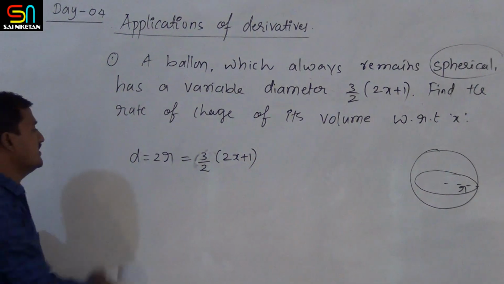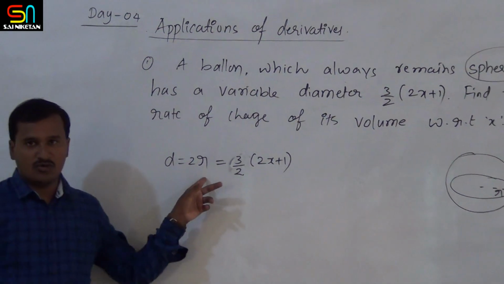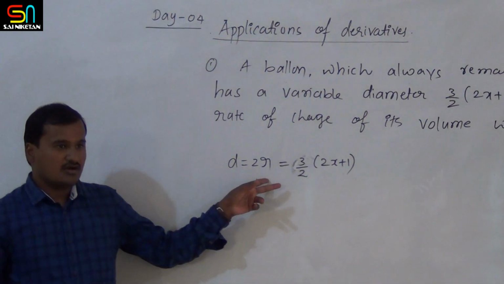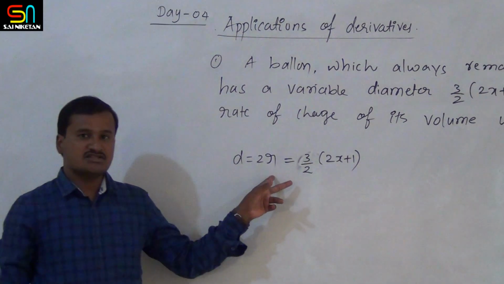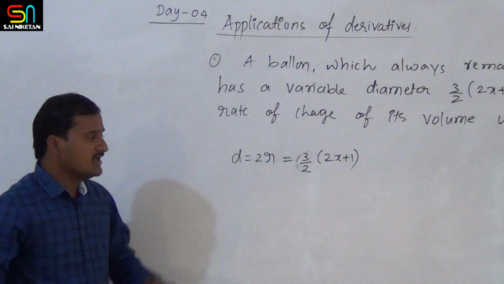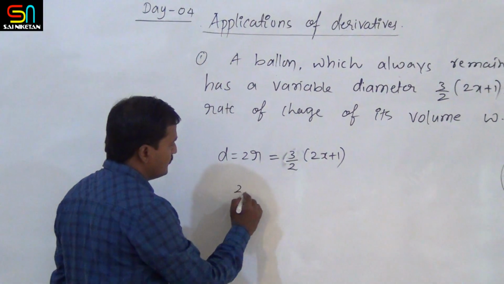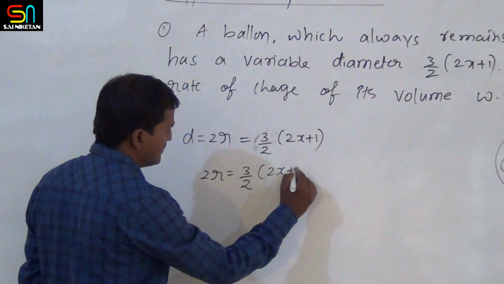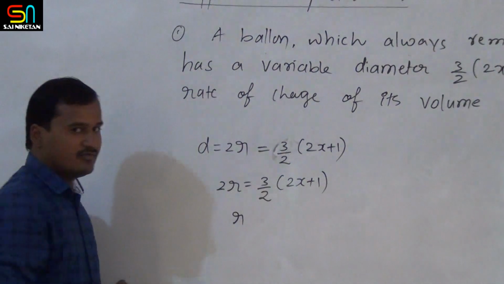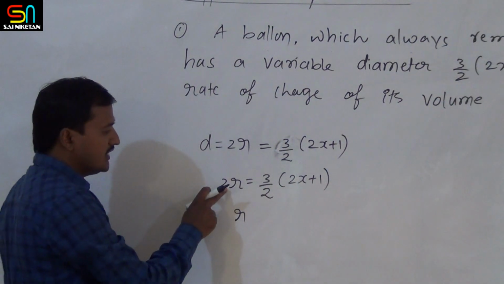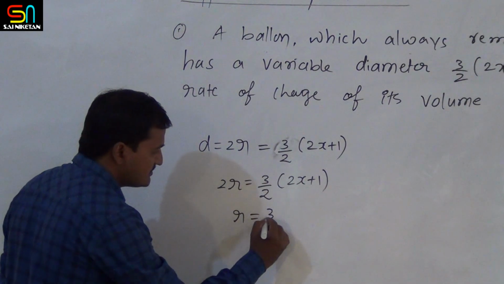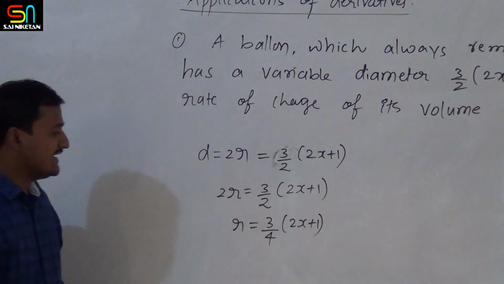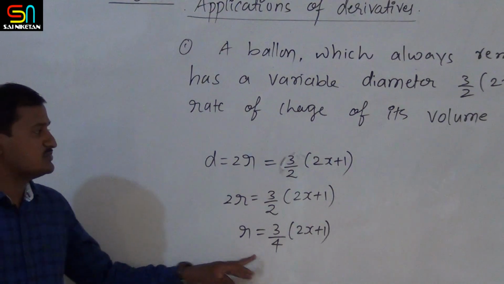If you want to find the value of r, just take the 2 to the other side, so this becomes 3 divided by 4 into 2x plus 1. So clearly it gives the radius of the sphere, right?